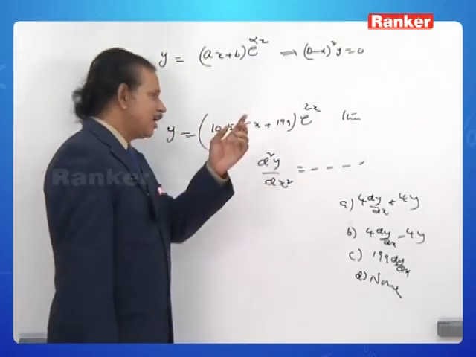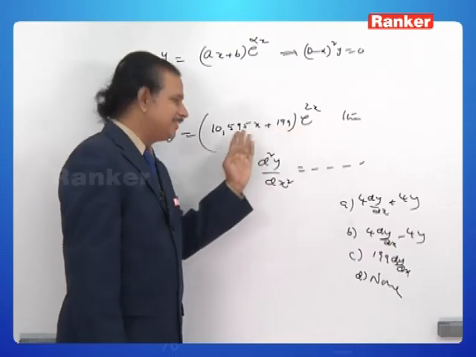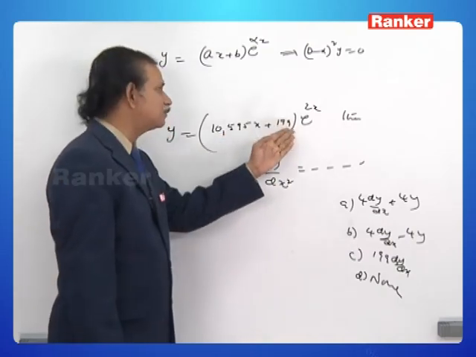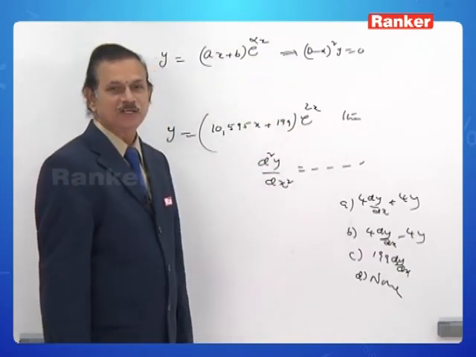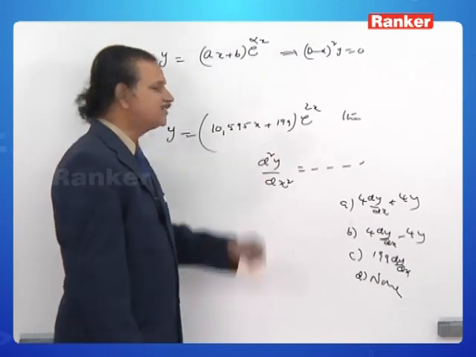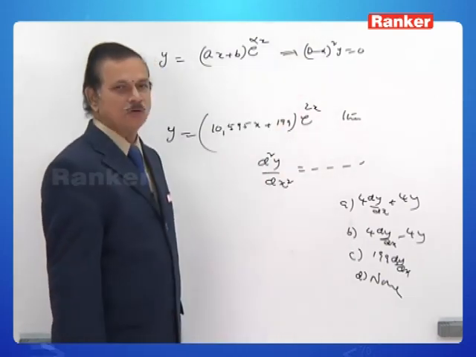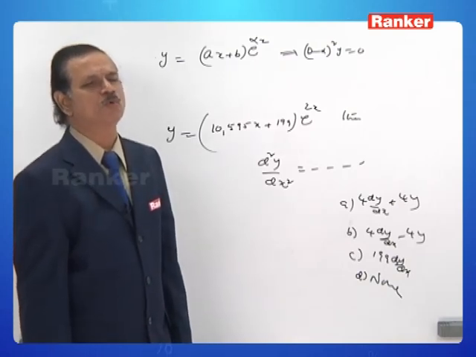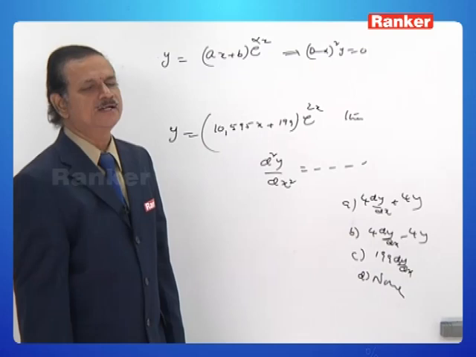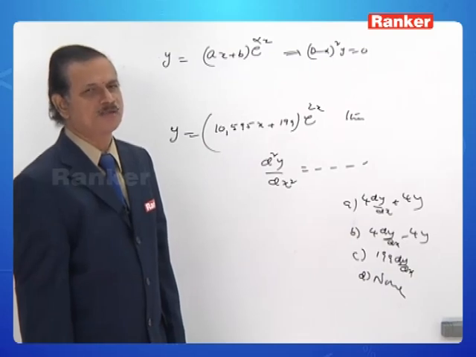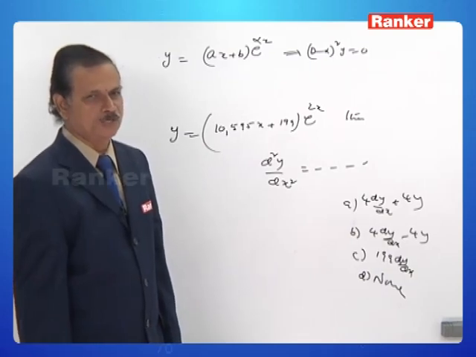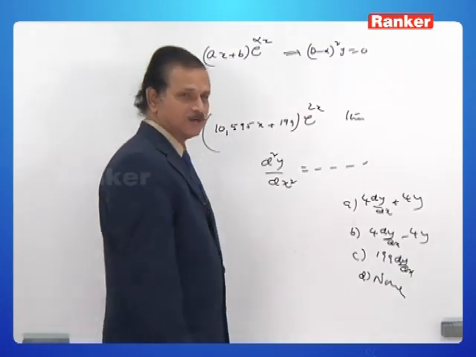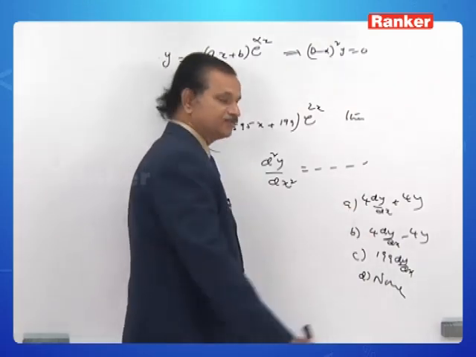You just do not look at these two numbers. You call this (ax plus b) into e power alpha x. You just note alpha. What is alpha? 2. (D minus 2) whole square of y is equal to 0. What is (D minus 2) whole square? D square minus 4D plus 4. That is d square y by dx square minus 4 dy by dx plus 4y is equal to 0. So d square y by dx square is equal to 4 dy by dx minus 4y.